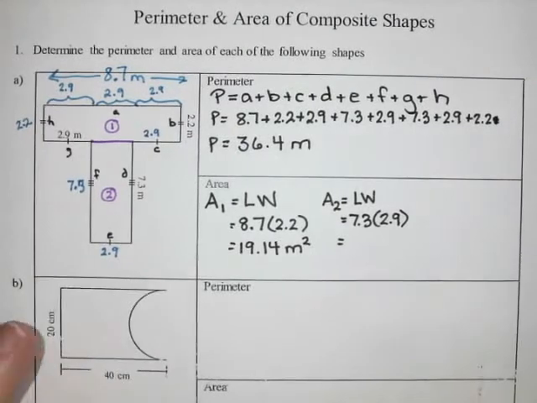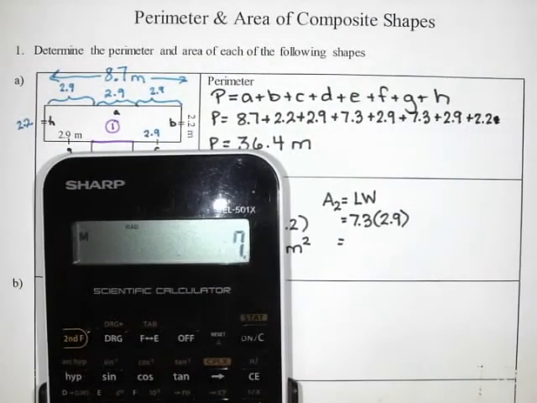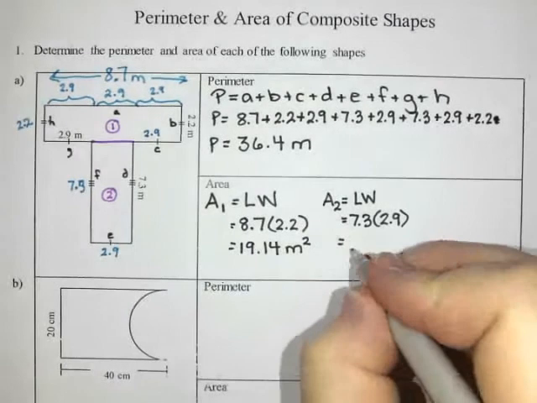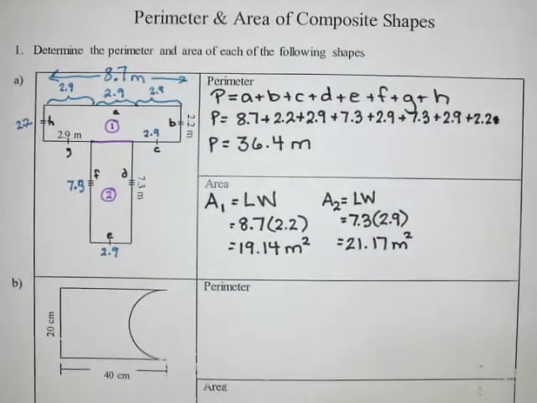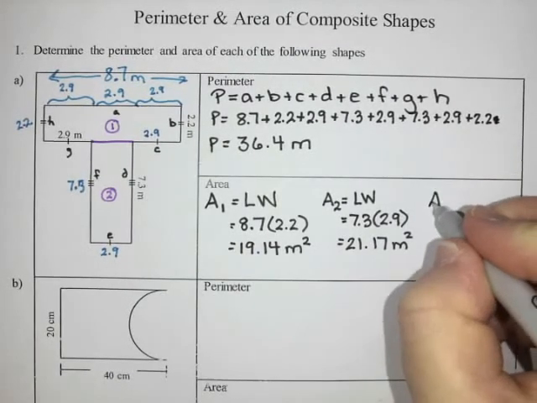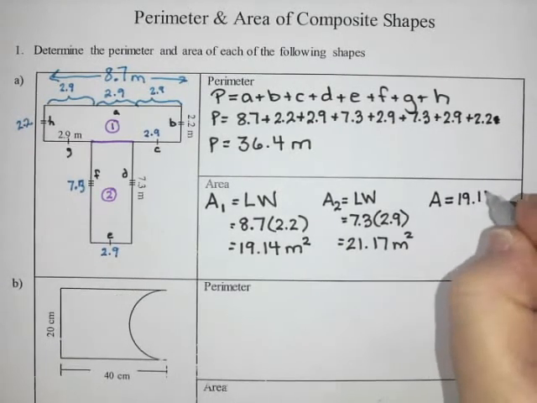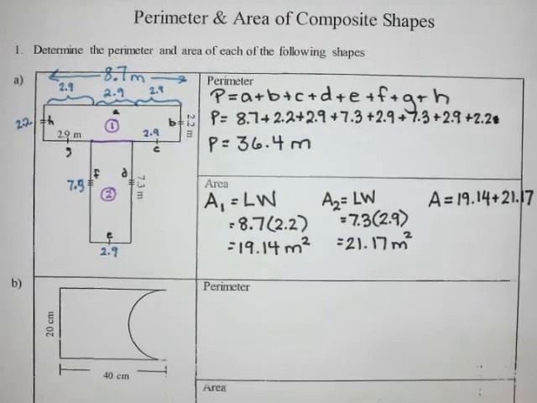I'm going to multiply those together. 7.3 times 2.9 gives me 21.17 meters squared. Then I'm going to take those two and add them together to get my final area. So I'm going to do 19.14 plus 21.17.